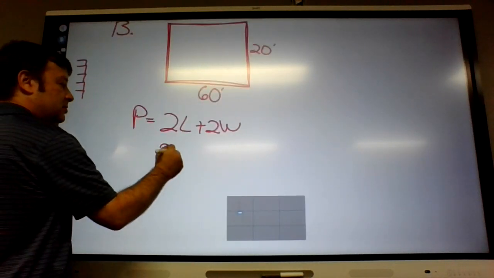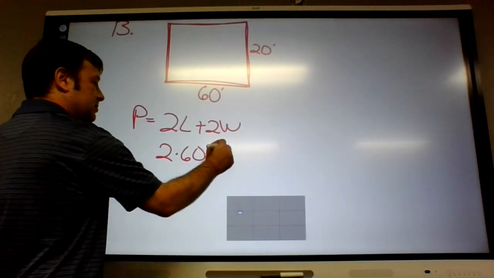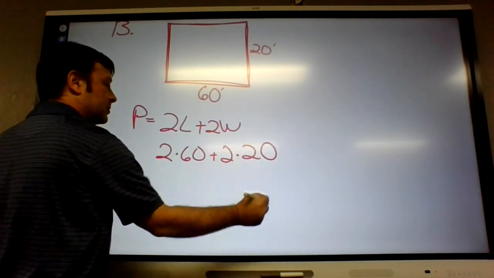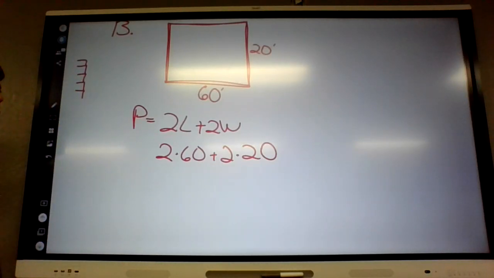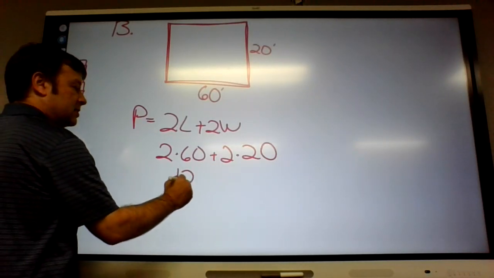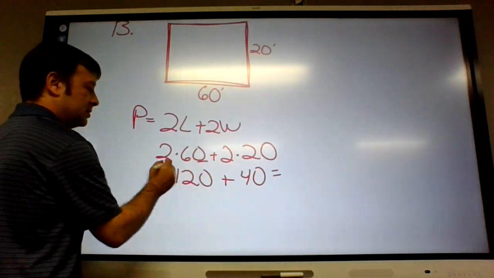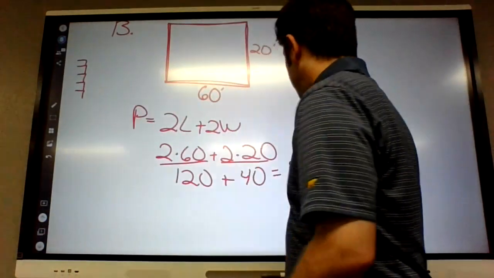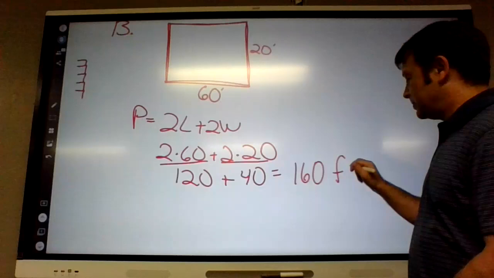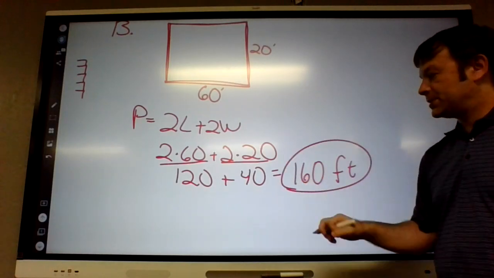So it's 2 times 60 plus 2 times 20. So it's 120 plus 40, which is 160 feet of fencing.